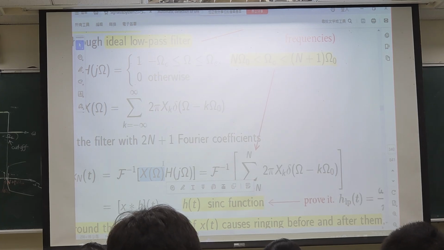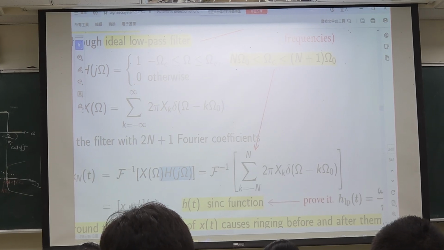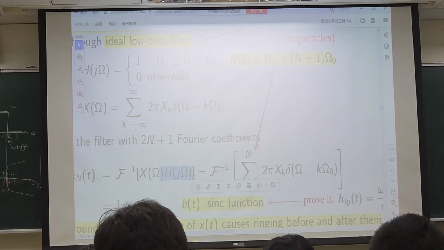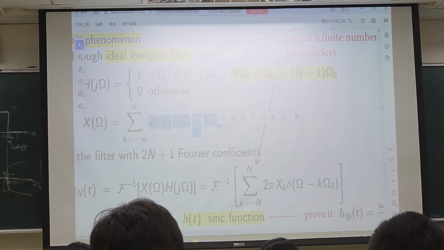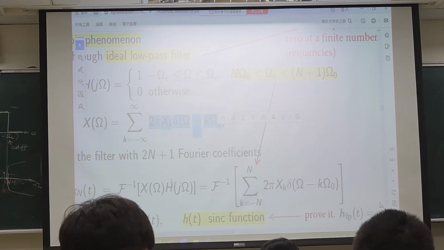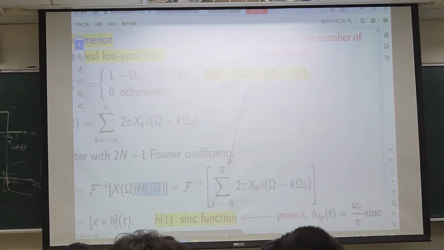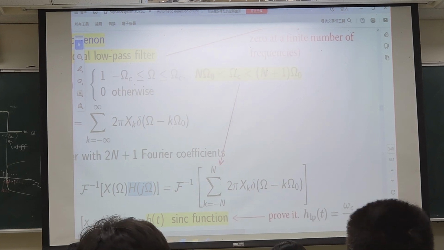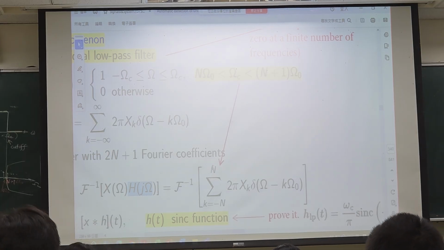But the output Y in the frequency domain, or in the s domain, is equal to the input times the transfer function H of j omega. So you need to multiply this by H of j omega. Once you multiply by H of j omega, you can see that all the frequencies higher than the cutoff frequency are attenuated, are gone.